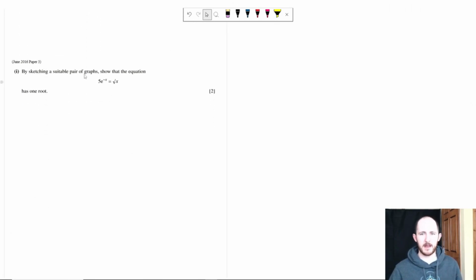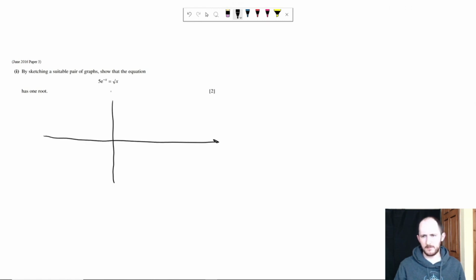So by sketching a suitable pair of graphs, show that the equation 5e to the minus x equals square root x. So if we have a look at what this will look like, I'm going to draw it relatively shallow. So 5e to the minus x is an exponential decay.